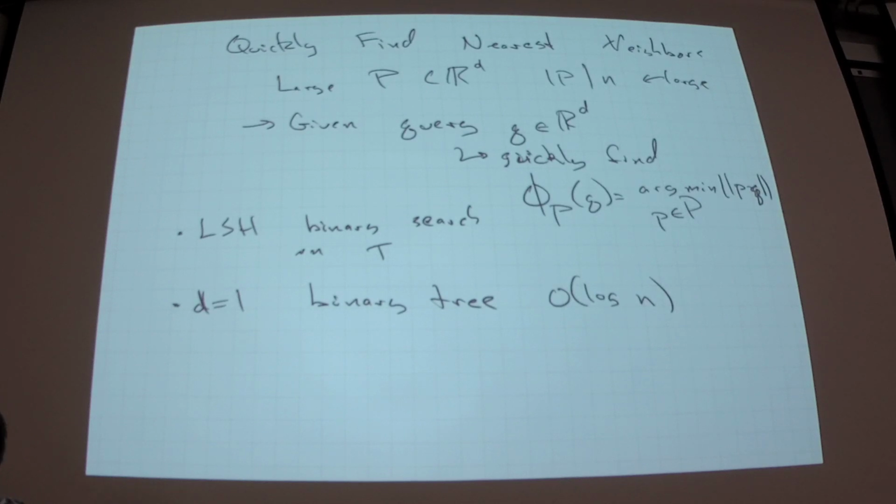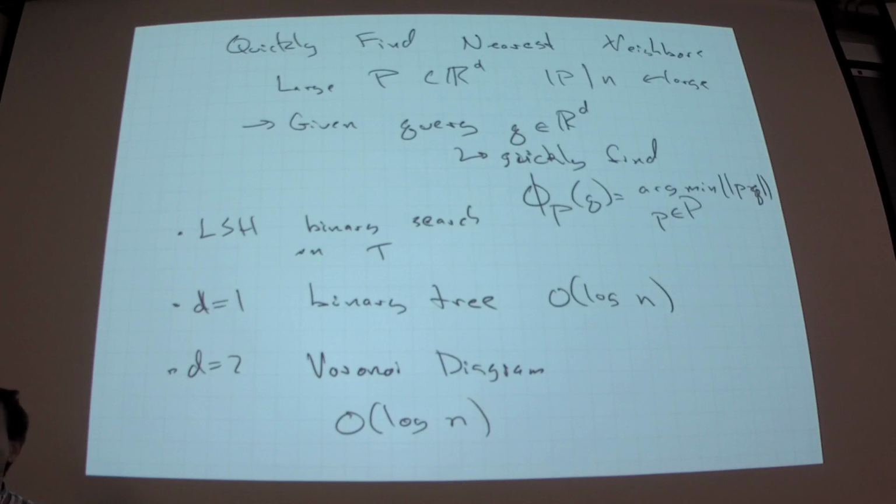So it turns out in D equals 2, what I can use is what's called the Voronoi diagram, and I can again search this in O of log n time. What this is saying is I've got my points P1, P2, P3, P4, and I can divide up the space.